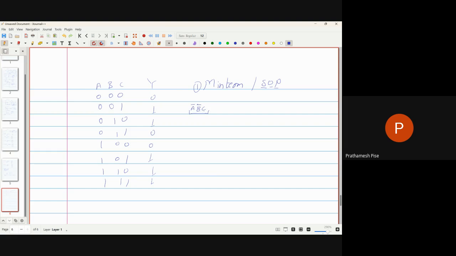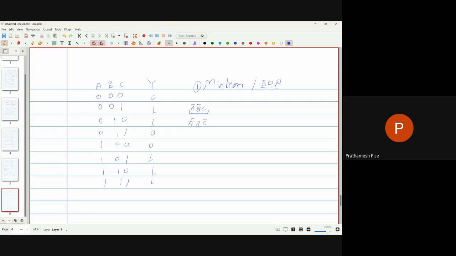If C is not 1, it will be 0. If A or B anything is 1, it will be 0. So we are ensuring here that it will be high only in this one specific case. We can do the same for all the remaining cases. Like here it will be A bar, B, C bar.